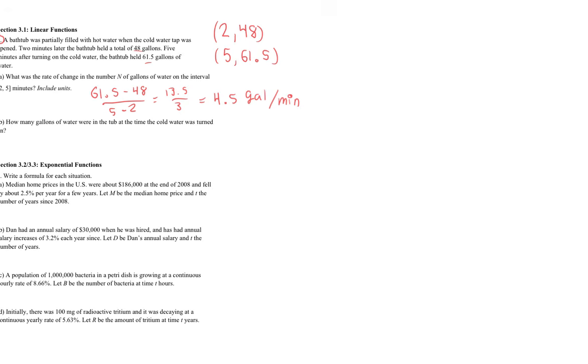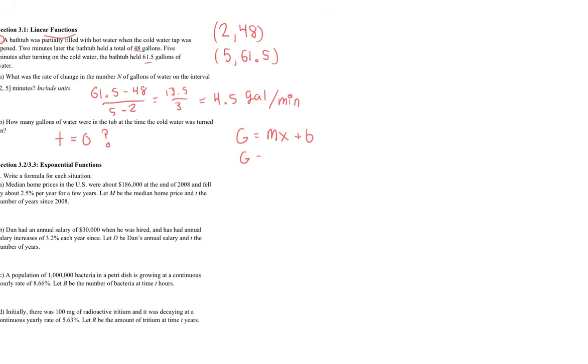Next, how many gallons of water were in the tub at the time the cold water was turned on? So we're looking for t equal to 0. It's our question mark. So we know that our gallons is going to be a linear function, so that's mx plus b. We know b is when t is equal to 0, or x is equal to 0 in this case. And we know our m is 4.5.